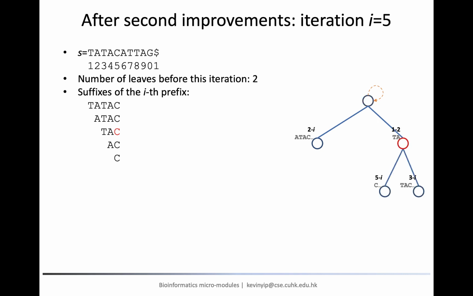Therefore, we need to create a new leaf node for C, connect it to a new internal node that represents TA, and the remaining of the original node label is moved to another child. Notice that in an actual implementation, all these are done by manipulating the starting and ending positions of node labels, but not the actual characters in the labels.